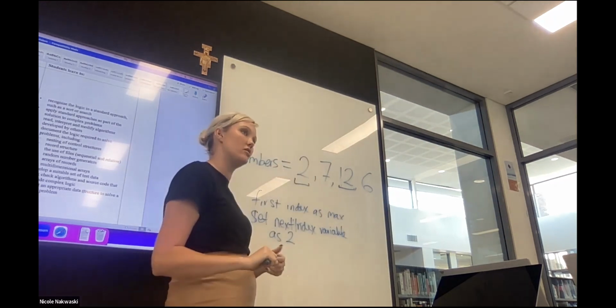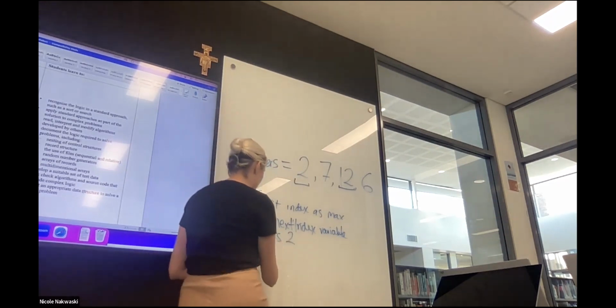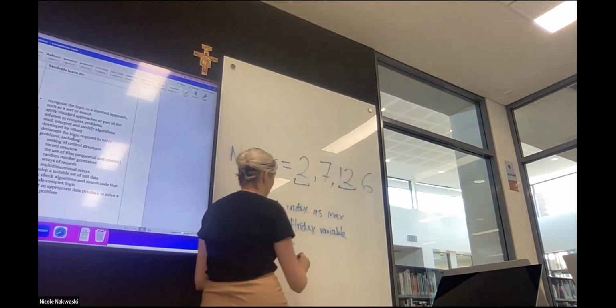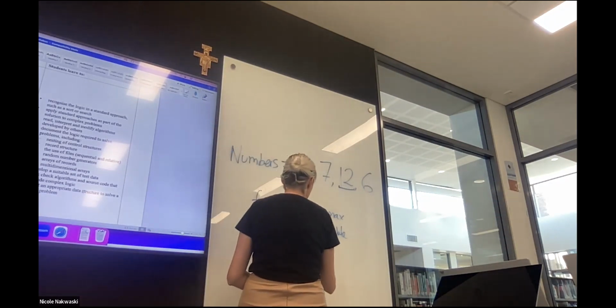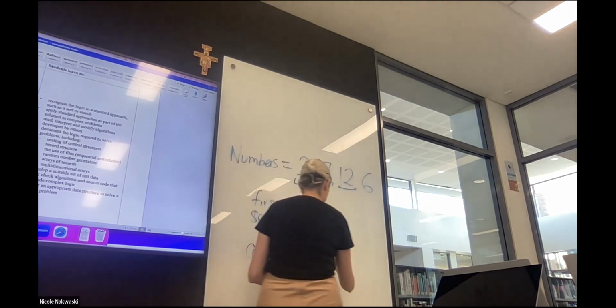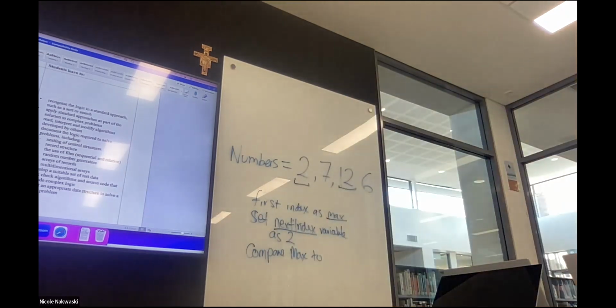And then what would I need to do? Yeah. Compare what to what? First index. Compare max to next index. I'm going to underline these. I'm actually going to write them in another color. I reckon this is going to work nicer.